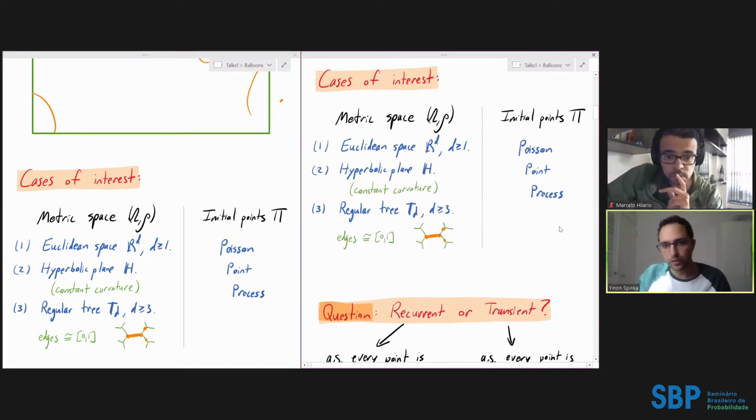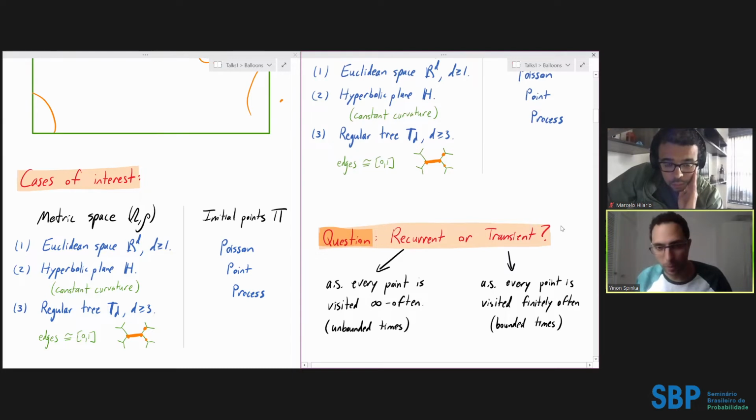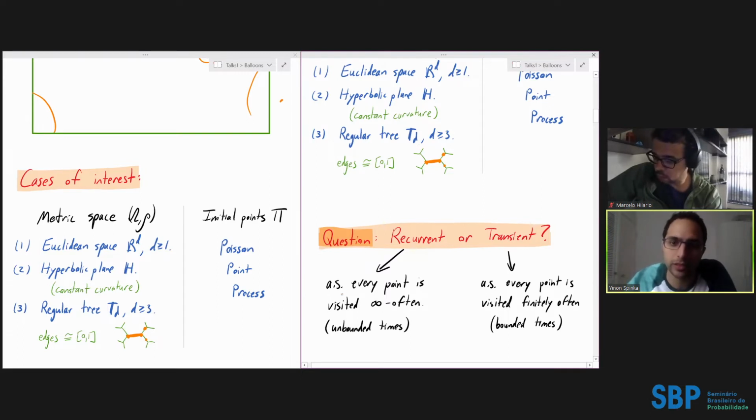All right, so the main question of interest here is whether this process is recurrent or transient in the following sense. We'll say that it's recurrent if almost surely every point of the space is visited infinitely often, and by infinitely often I mean an unbounded set of times.